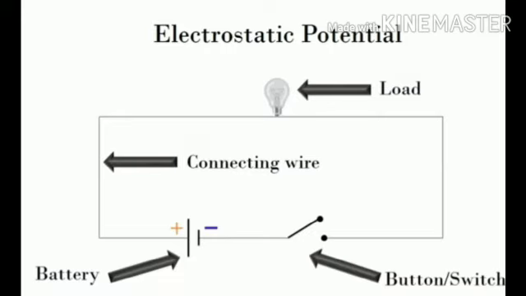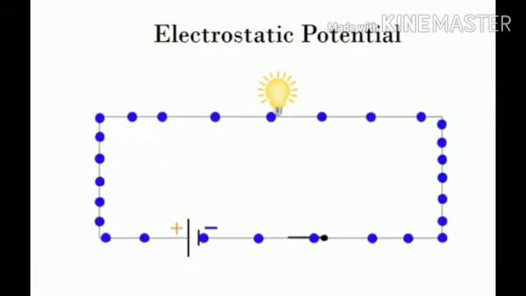Now let's see what will happen when the switch is closed. Dear students, here the electrical charge flows from higher potential to lower potential, because the electrons flow from the negative terminal of the battery to the positive terminal of the battery. Here we see the bulb glows because of the flowing of the charge.